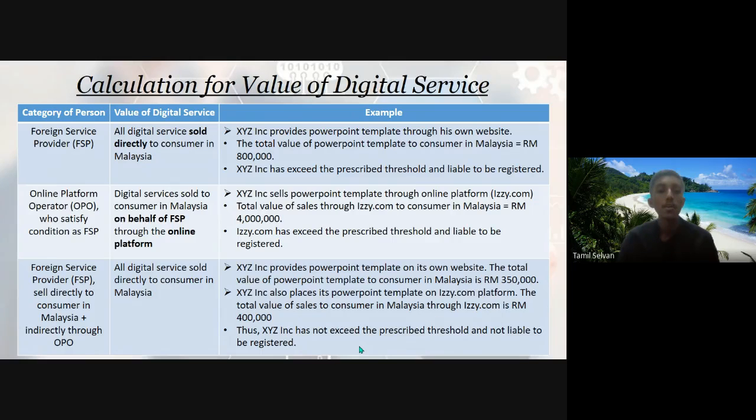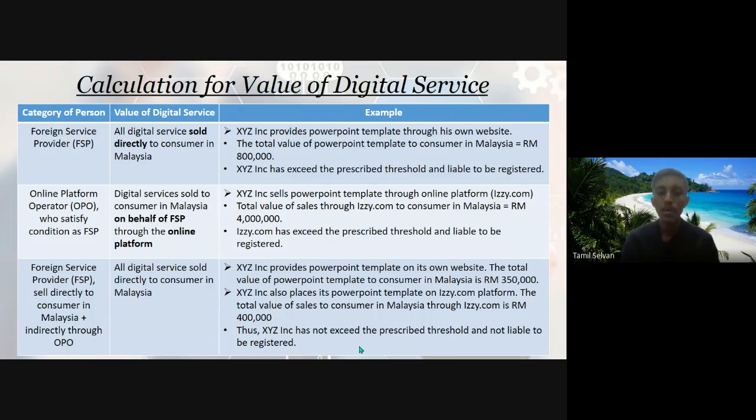XYZ won't be required to register because easy.com is the platform which acts on behalf of the foreign service provider XYZ Incorporated. The next category is a hybrid, where the foreign service provider sells directly to consumers plus sells indirectly through the online platform operator. So in this case, the value will be all digital services sold directly to consumers. For example, XYZ Incorporated provides PowerPoint templates on its own website, and the total value of the PowerPoint templates sold to consumers is 350,000.